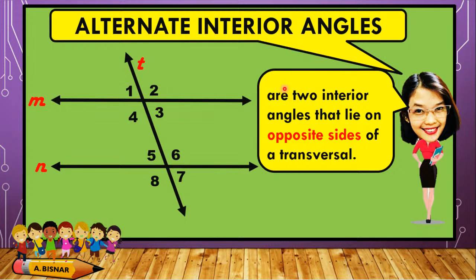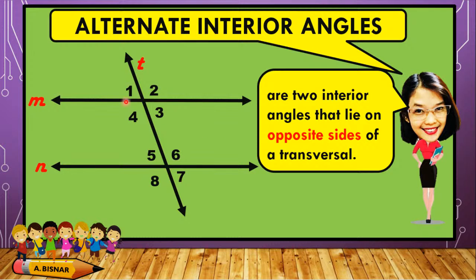So, again, these are two interior angles that lie on opposite sides of the transversal. Means to say na andito pa rin siya sa loob, sa interior. But now, it lies on the opposite side. How many sides we have? We only have two sides.